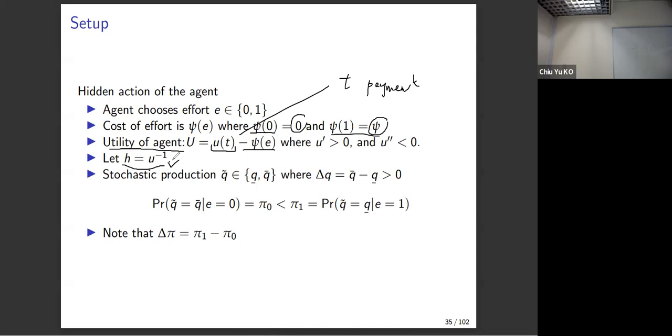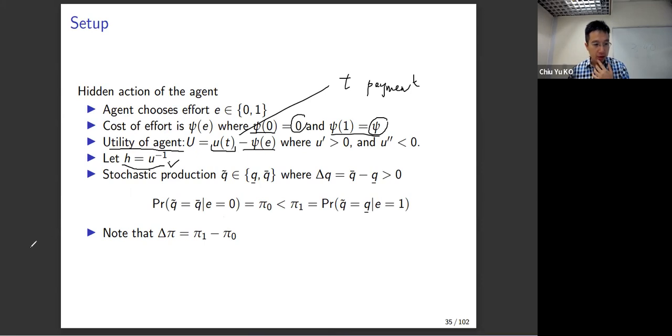So output is stochastic. This is measuring some kind of information asymmetry with delta Q. Here, if I don't put in effort, I still get good output with probability pi 0. Pi 1 is if I put in effort. How likely do I get the low output?